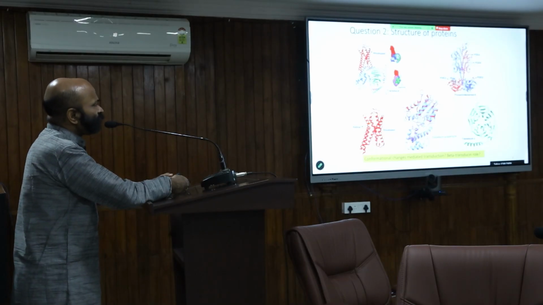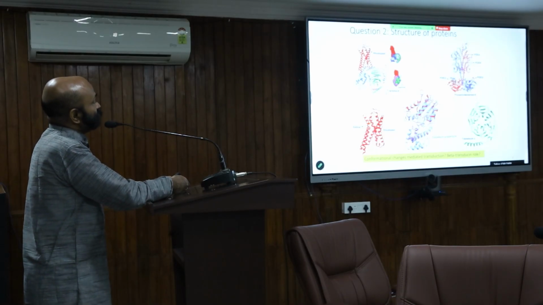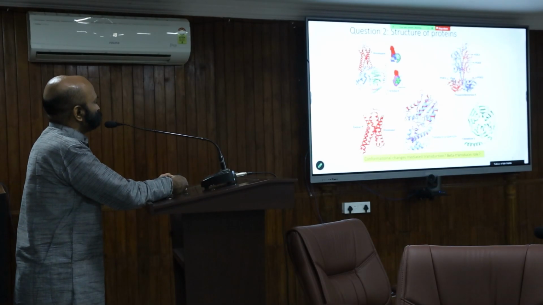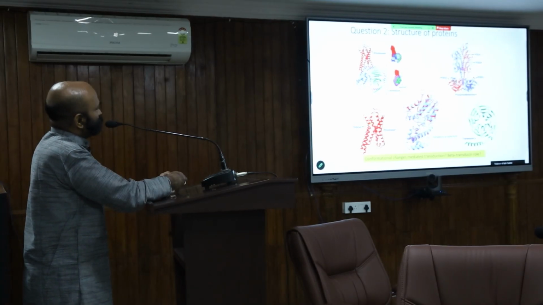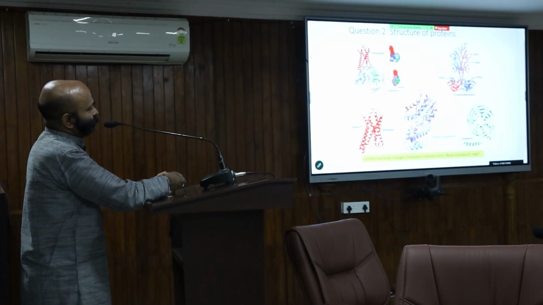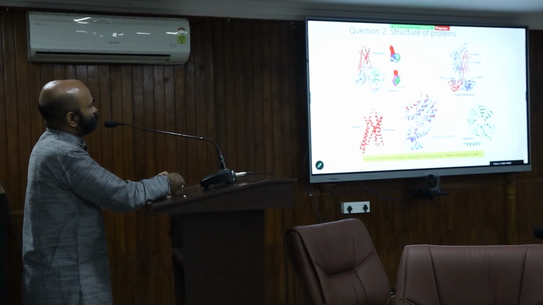Then the structures of the protein. Now this is the rhodopsin, this is the transducing complex. There is no role whatsoever for this cyclic kind of a protein there. Alright, this is alpha transducin.